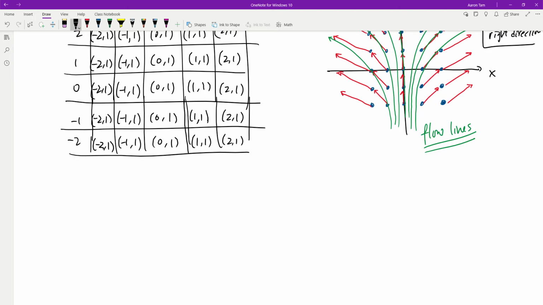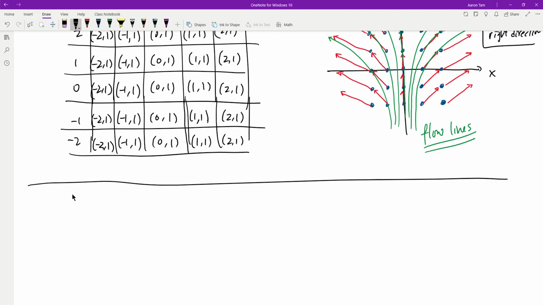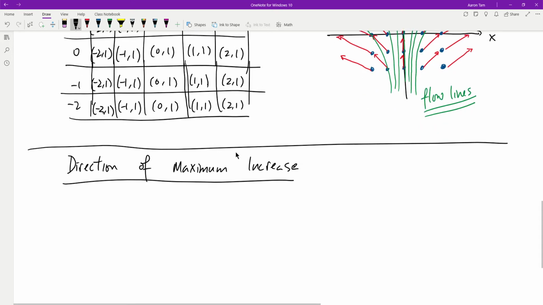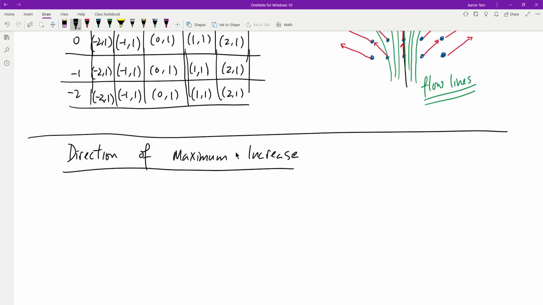So the next thing I want to show you is the following. The next concept is called direction of maximum increase. So imagine the following. Once again, maybe I do define it in general.